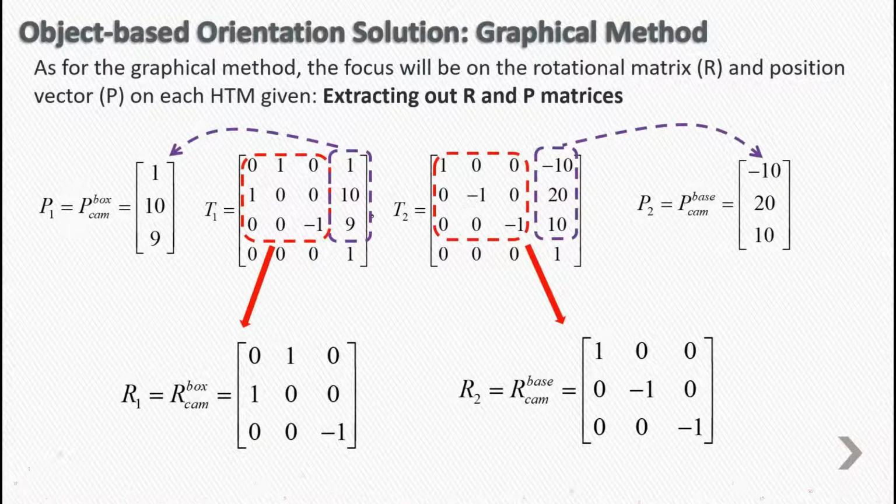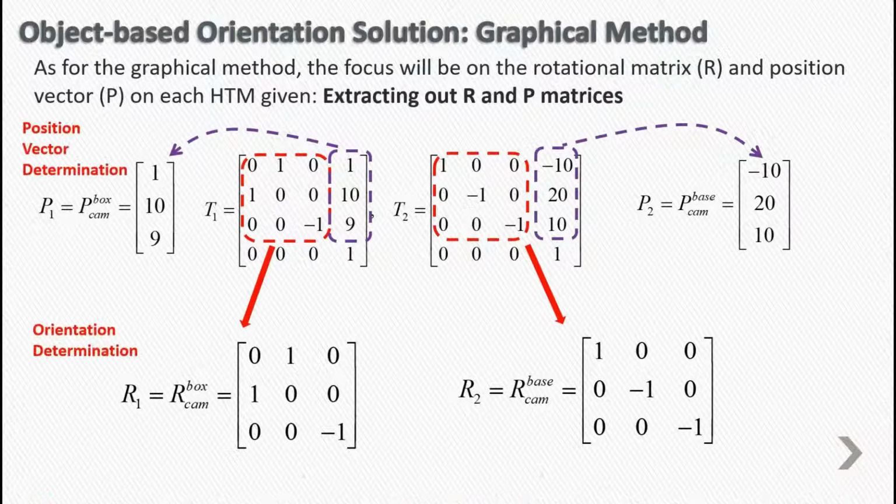For example, in our case, T1 is cam to box, and T2 is cam to base. In this method we have two steps. The first is orientation determination, and the second is position vector determination.